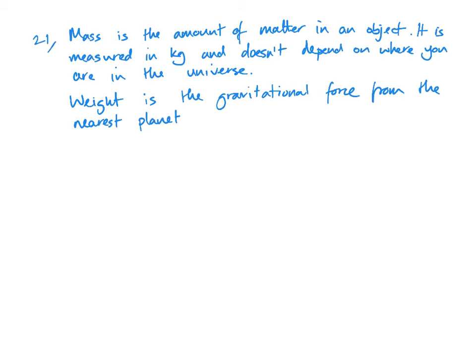The correct term would actually be from the nearest celestial body, but I think that might be a bit confusing. And because it's a force, it is measured in newtons.